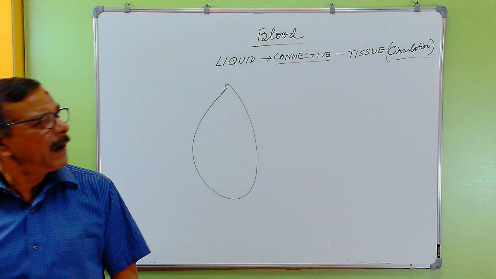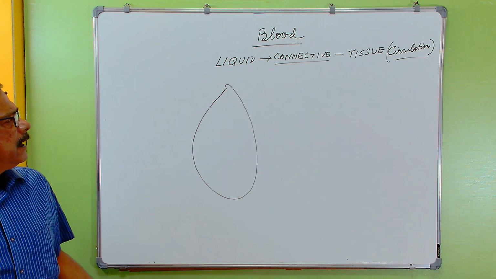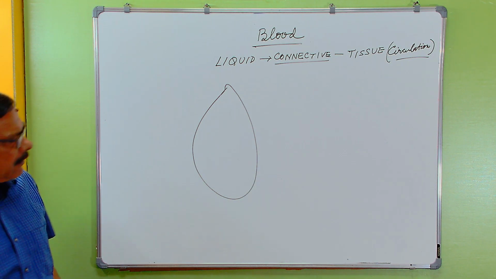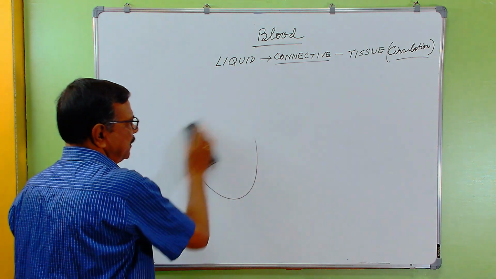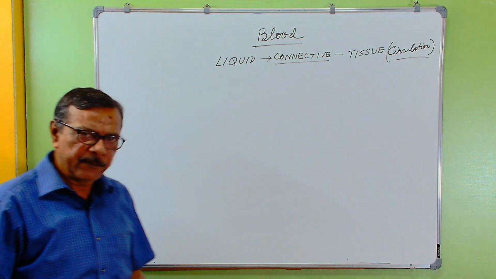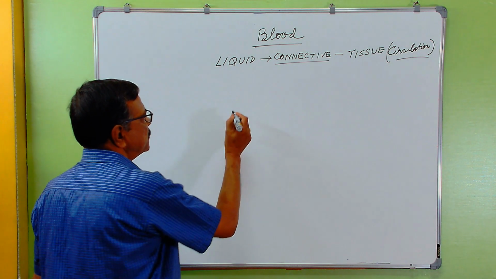Now, why does the blood remain liquid? Because blood contains two things, solid part and liquid part.